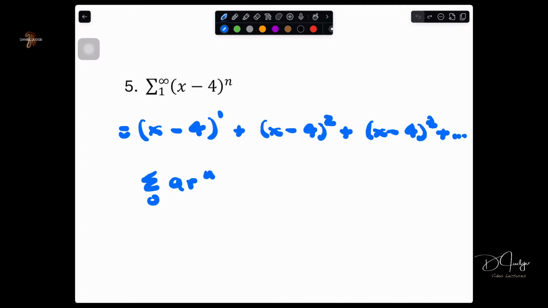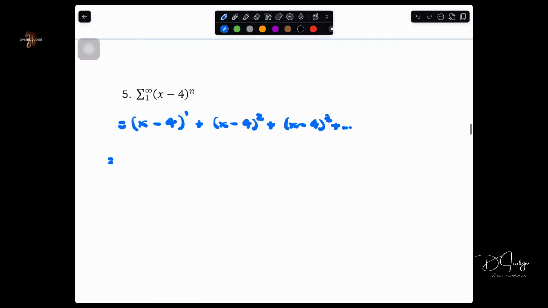Well, it's a geometric series here. If we simplify this first term, we get x minus 4 plus x minus 4 squared plus x minus 4 cubed, and so on.